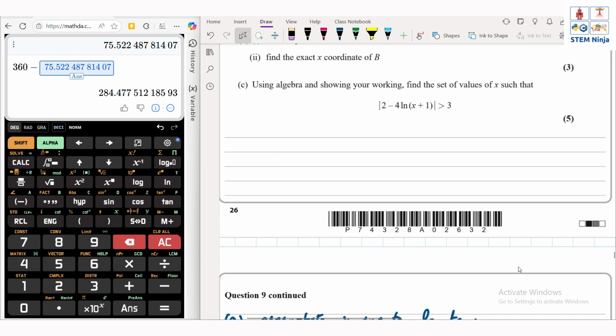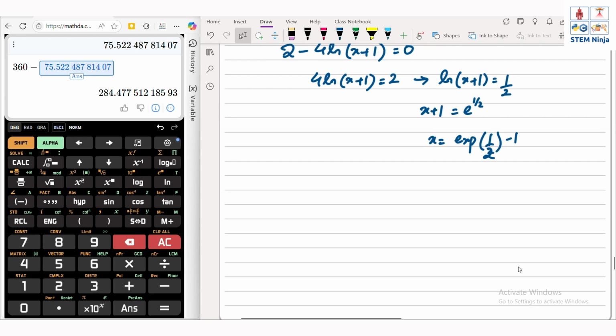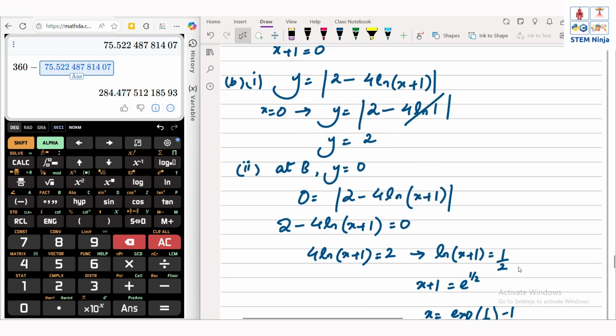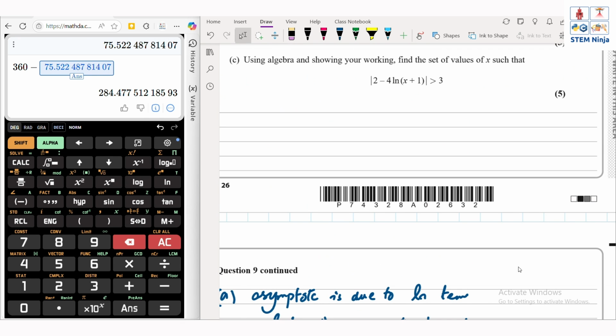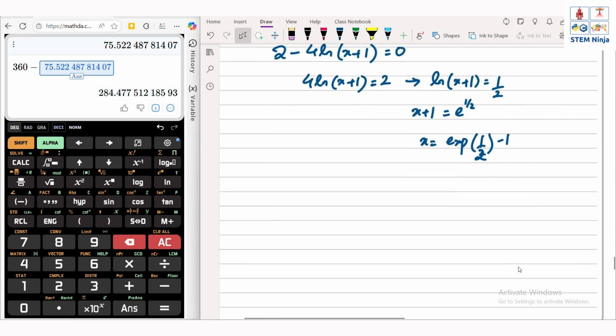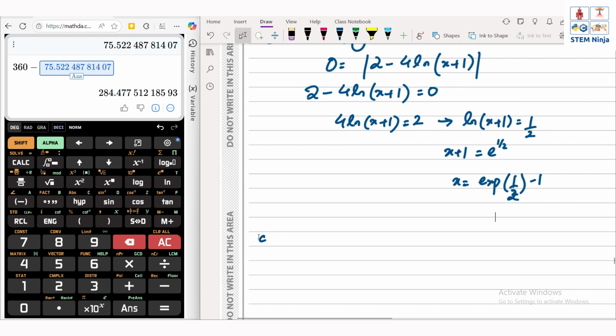This is the second part, all right. Using algebra and showing your work, find the set of values of x such that this is greater than 3. Okay, so what we can do is take the square on both sides. So for part C, |2 − 4 ln(x + 1)| greater than 3. So squaring both sides, (2 − 4 ln(x + 1))² greater than 9.